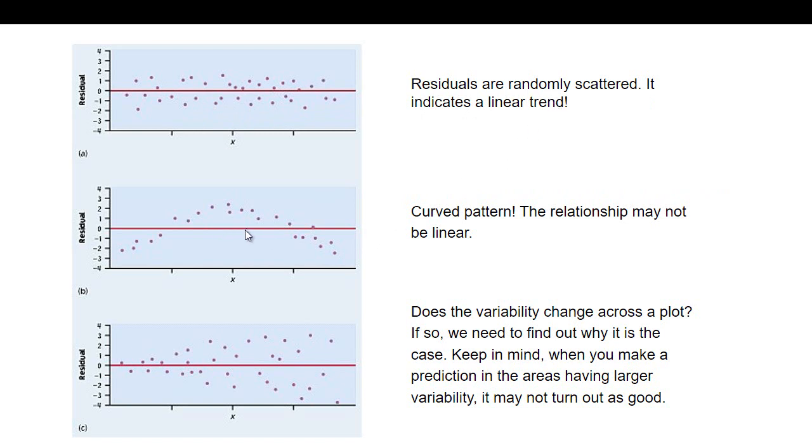In the second figure, it looks like we have a curved pattern. These are not scatter plots, these are residual plots. So the second figure tells us that the relationship may not be linear, and the last figure shows that even though the relationship may be linear, the variability changes across the plot.